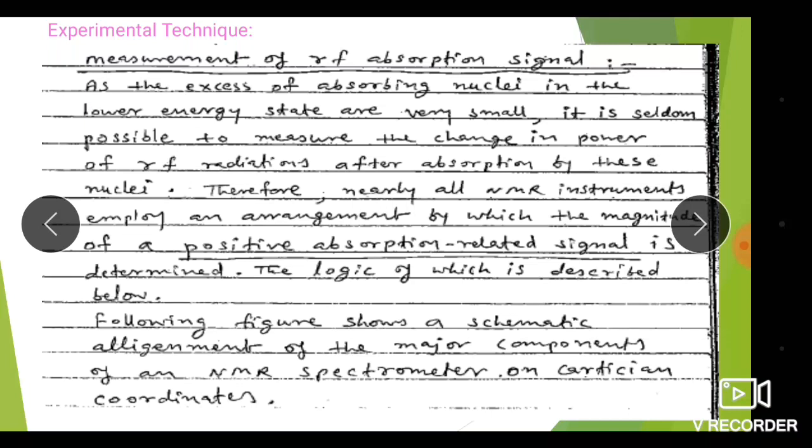In the measurement of RF absorption signals, the excess of absorbing nuclei in the lower energy state is very small.